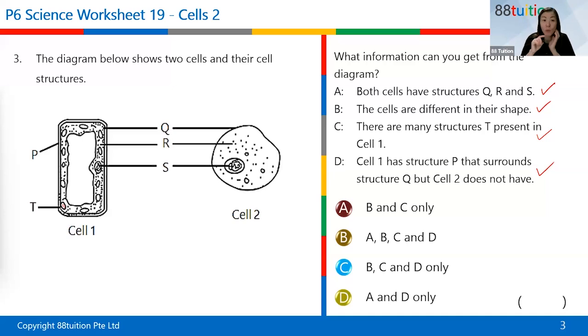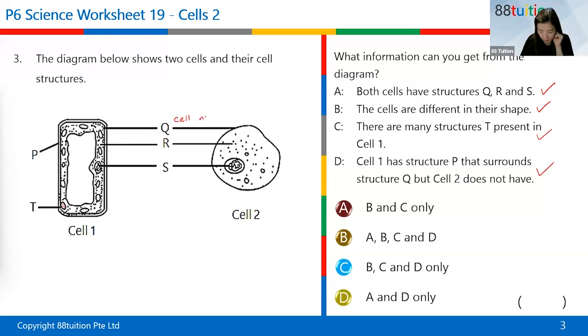If I ask you to label, Nikki, do you think you can label the whole diagram here? Well, Q and T are a bit confusing. Actually, I think Q is the cytoplasm. For the plant cell, then actually it's the cell membrane, and for cell 2 it's the outer part, so that's where I confirm the cell membrane.